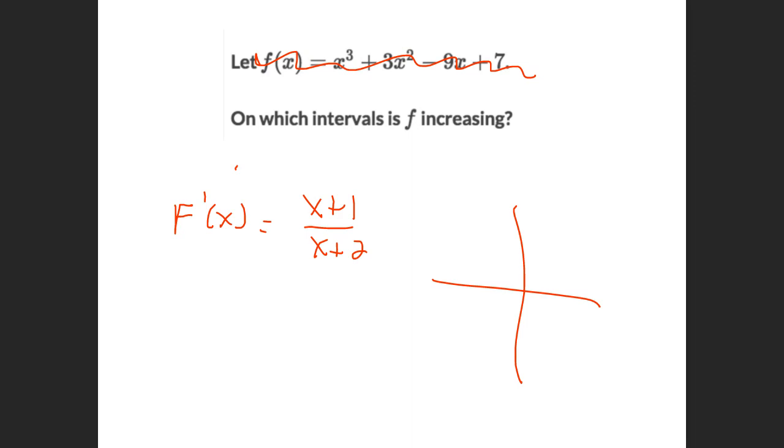I'm not 100% sure, but I think it looks something like that. So you would know that this function is always increasing from 0 to infinity and always decreasing from 0 to negative infinity, because wherever the derivative is above or below the x-axis tells us what's happening with the original function.